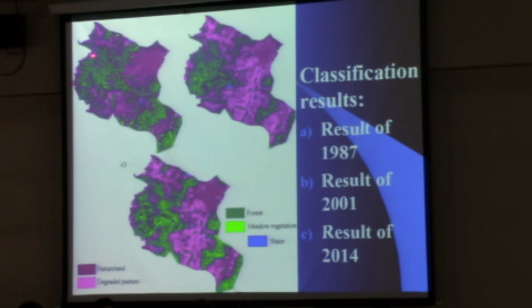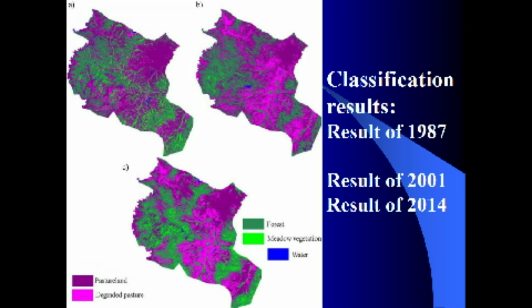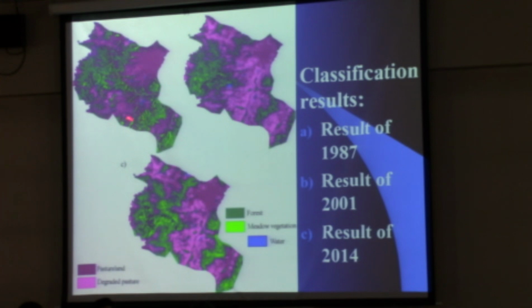This is the result of the 1987 image, this is the classification result of the 2001 image, and this is the classification result of the 2014 image. We have classified land cover types into pasture land, degraded pasture land, forest, meadow vegetation, and water classes. And here you can see the distribution of those classified land cover types.